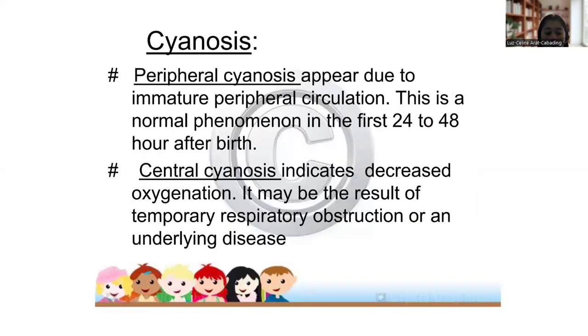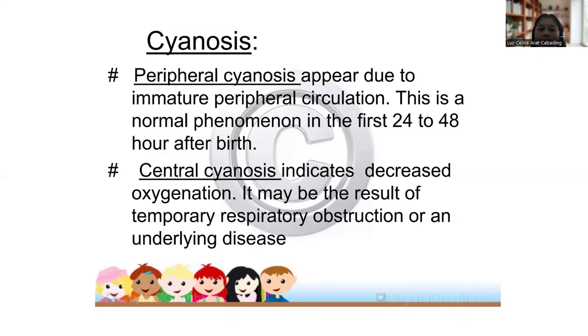We observe the color. We have cyanosis that can be physiologically normal. Cyanosis means there is a pale or bluish discoloration. So we have this peripheral cyanosis. What do I mean by that? The baby is kind of bluish in the tips of the fingernails, the hands, and the feet. This appears due to immature peripheral circulation.